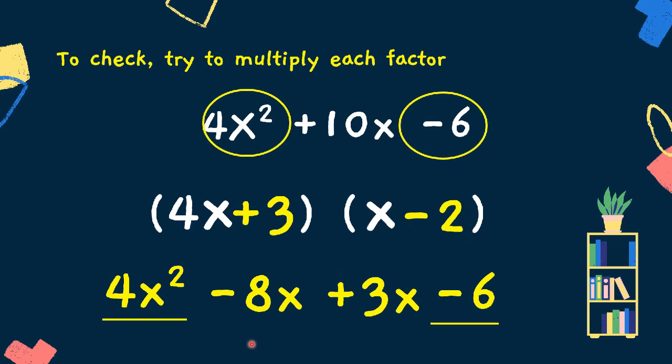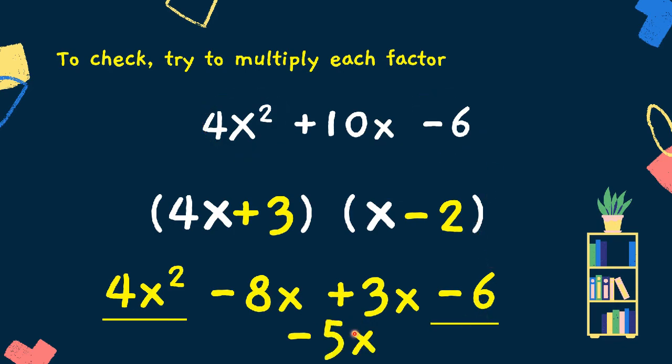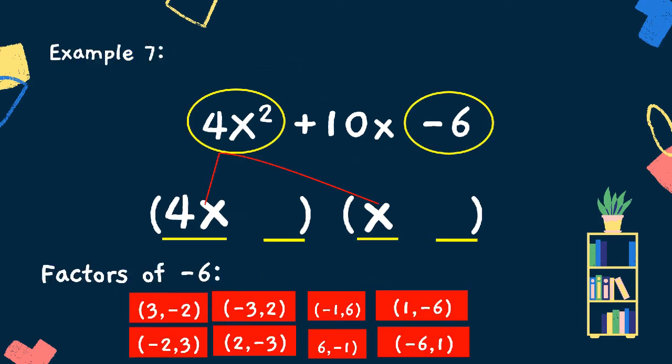Notice that the first term and third term match with our given polynomial. We combine like terms, and it gives the sum of negative 5x. The second term of our given polynomial is positive 10x, and it does not match. So these are not the factors that we are looking for.